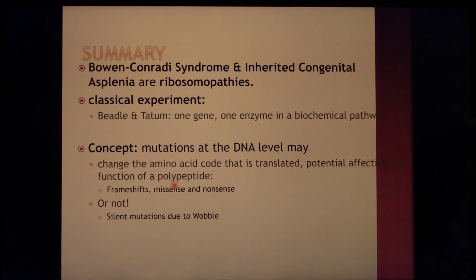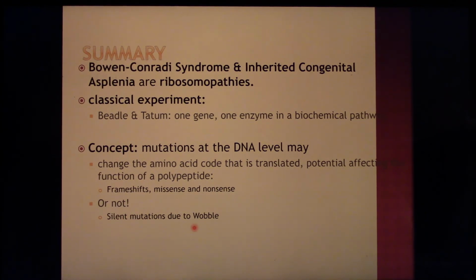So the summary is that Bowen-Conradi syndrome and inherited congenital asplenia are ribosomopathies. The classical experiment we looked at was Beadle and Tatum: one gene, one enzyme in a biochemical pathway. The concept we focused on was that mutations at the DNA level may change the amino acid code that is translated, potentially affecting the function of the polypeptide: frameshift, missense, nonsense, or not.